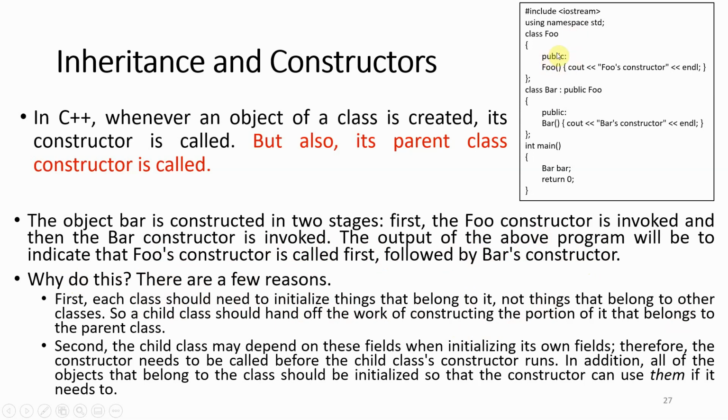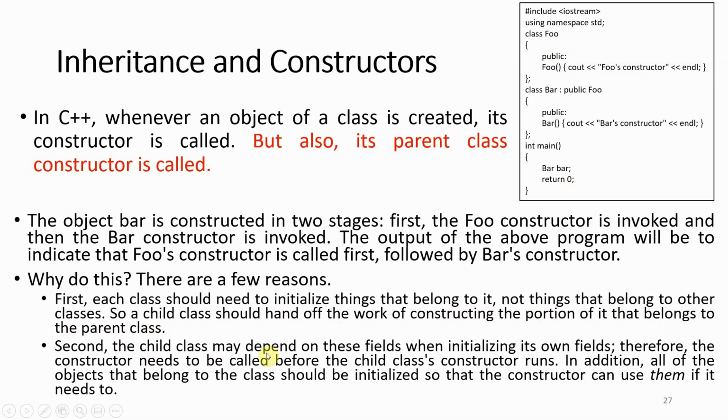So this constructor is usually used to initialize the member variables belonging to class foo, not things that belong to other classes. So a child class should hand off the work of constructing the portion of it that belongs to the parent class.